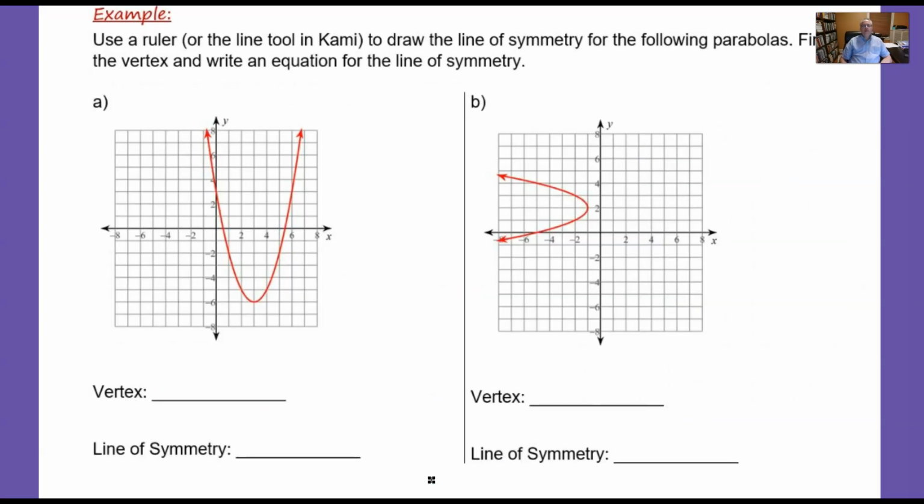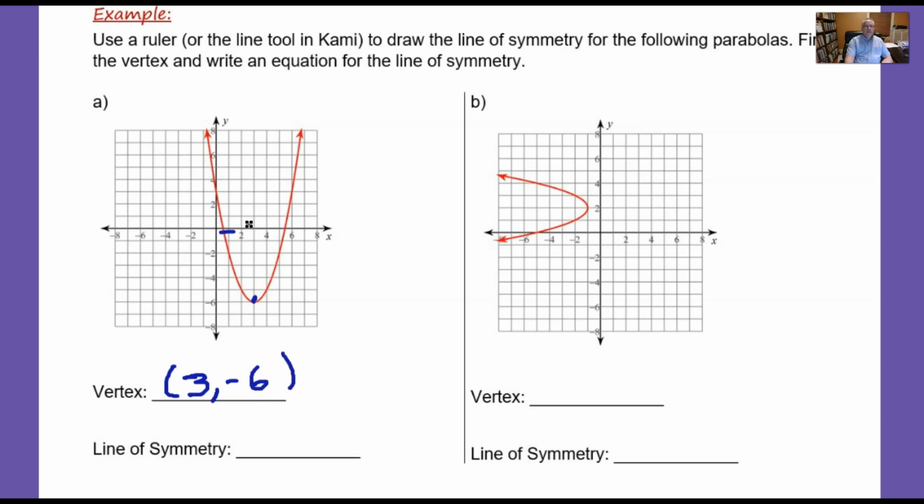All right, next thing I want to talk about is the line of symmetry. Parabolas have symmetry. You could fold them in half, and they perfectly overlap themselves. Well, first we want to know the vertex. So the vertex is right here at, looks like 3, -6. So +3 and -6.